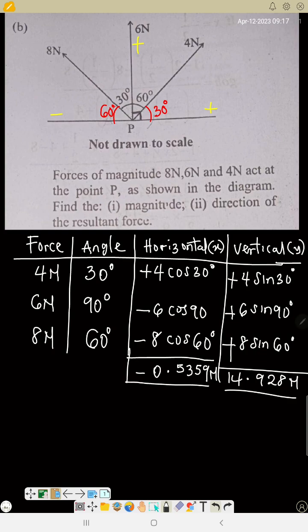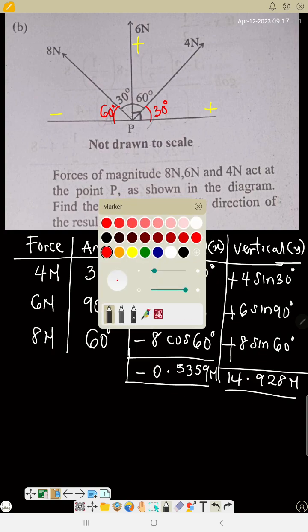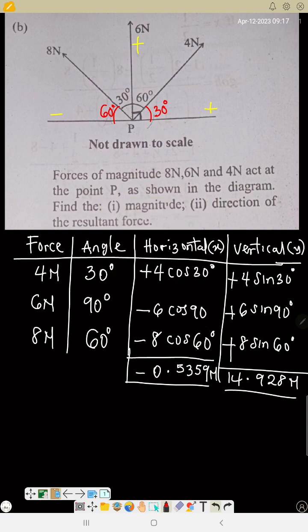So my horizontal components, as in the sum of all the forces in horizontal, that is summation Fx, minus 0.5359 Newton, and summation Fy is 14.928 Newton, like that.